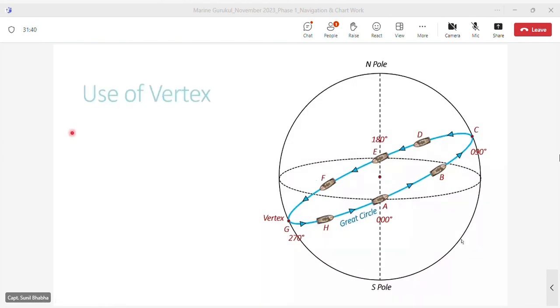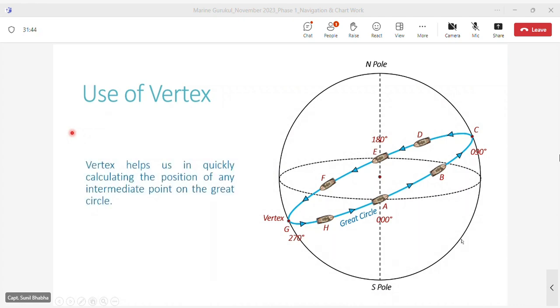So we have understood what the vertex is and what the different properties of the vertex are. Now, what is the use or utility of this vertex? The vertex helps us in quickly calculating the position of any intermediate point on the great circle. Using spherical trigonometry, we have done basic great circle problems. We have found the great circle distance between 2 points, and also the initial and final courses.